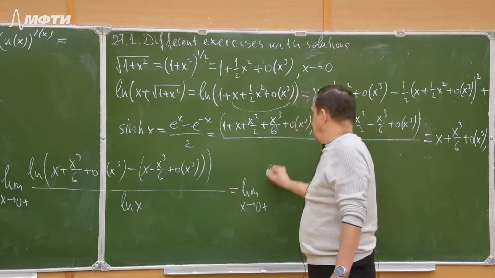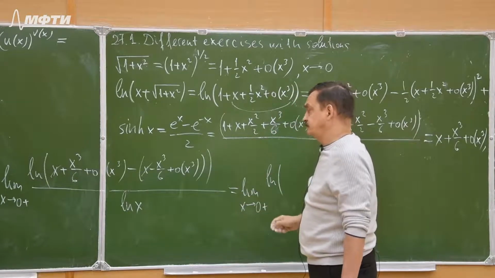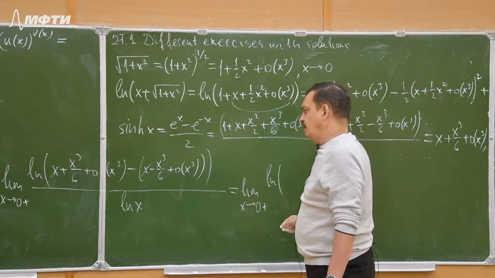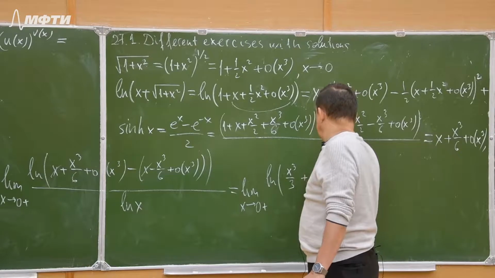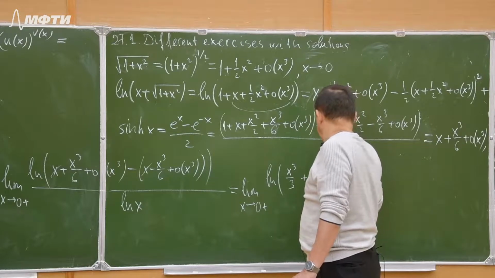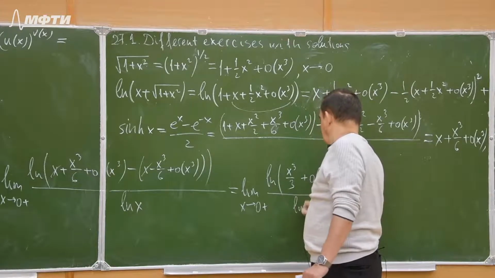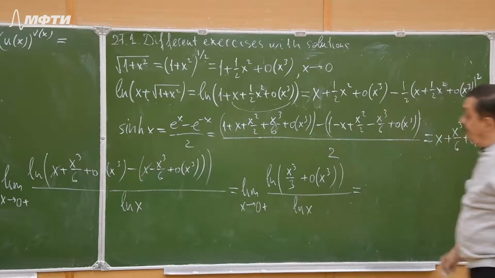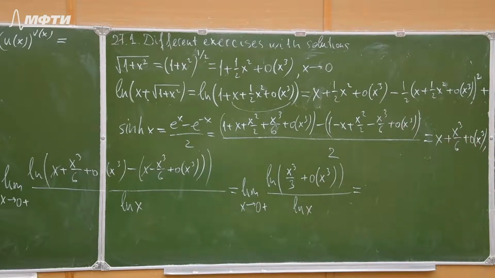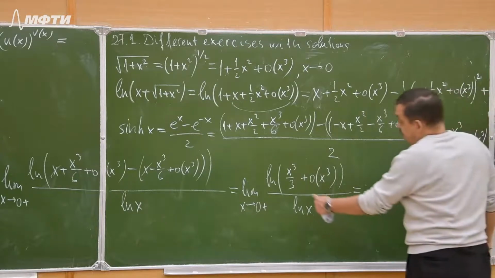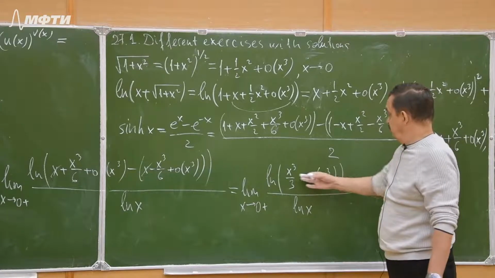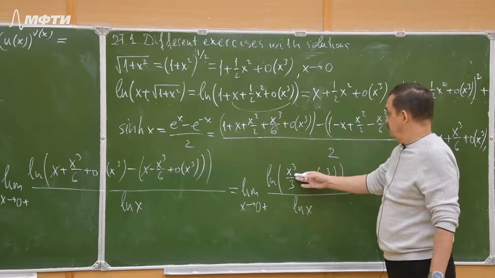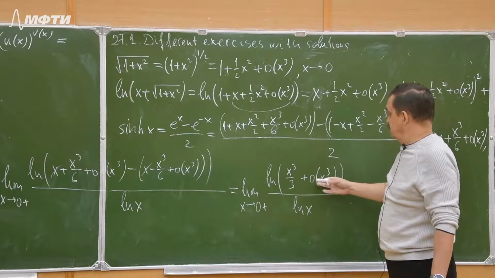But here it's no problem, so what remains? We have the logarithm of (x cubed over 3 plus little o of x cubed) over logarithm x. Now, what to do with this expression? Let's use properties of the logarithm.